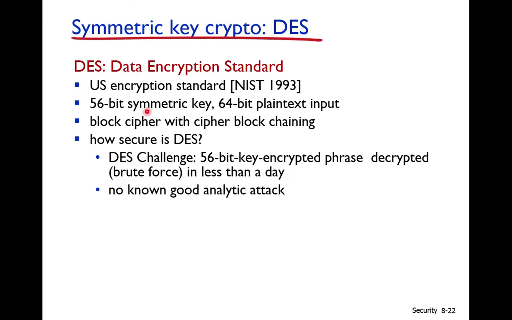So it is basically a block cipher. Why block cipher? Because the plain text is divided into 64 bit blocks, and each 64 bit block is encrypted using the 56 bit symmetric key, and it is used with cipher block chaining. How secure is it? At the time when it was invented, that was very good.